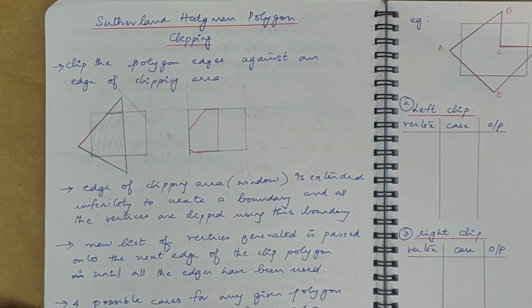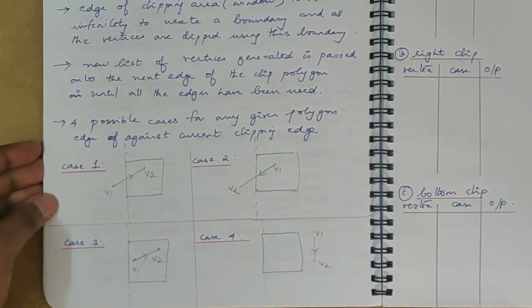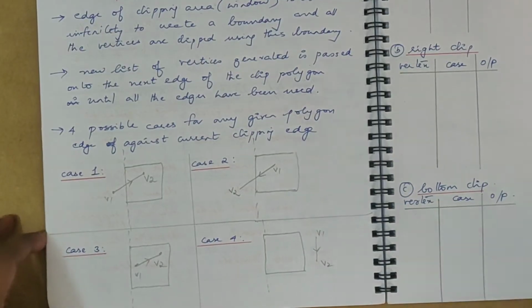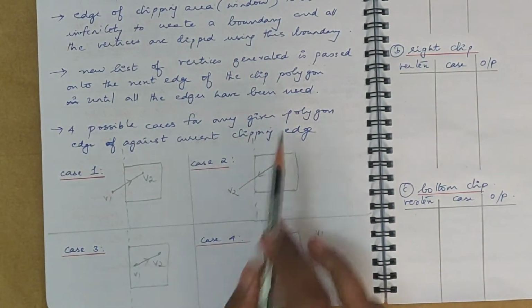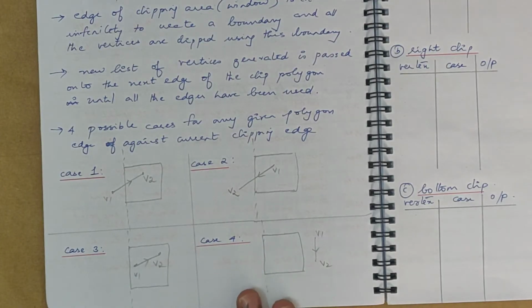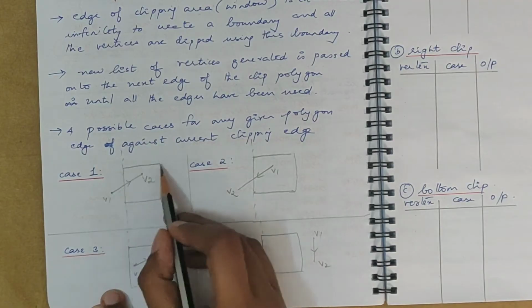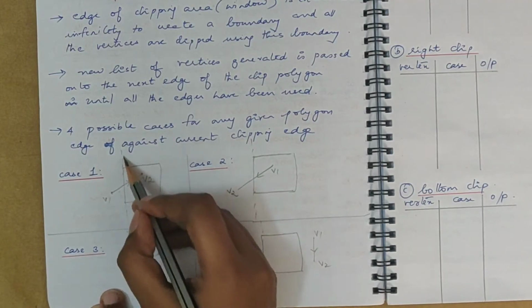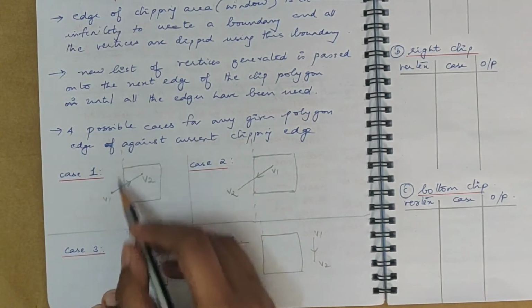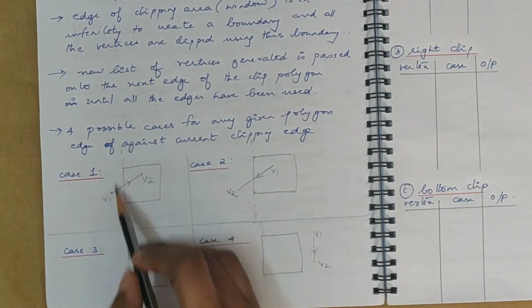Here there will be 4 possible cases for any given polygon edge against the current clipping edge. The first case: suppose this is a clipping window, and the edge we are considering is the left edge of the clipping window.